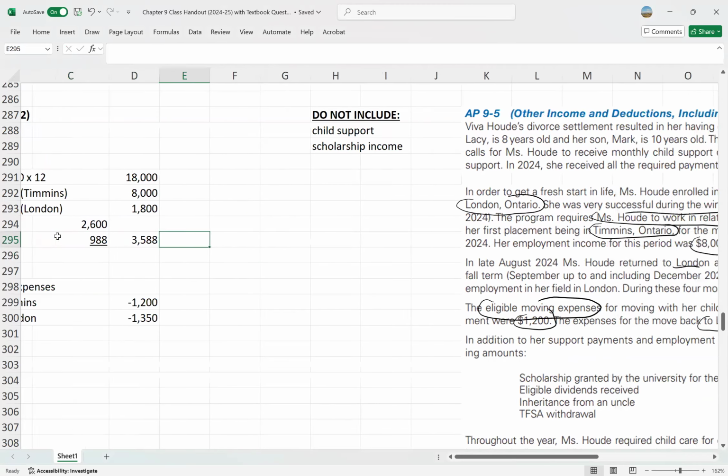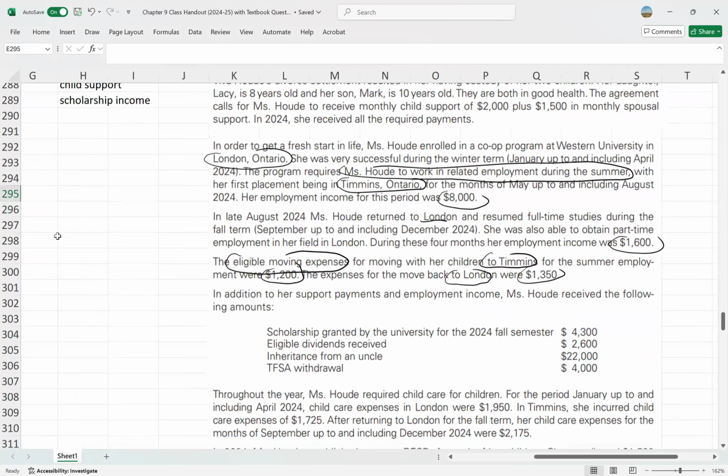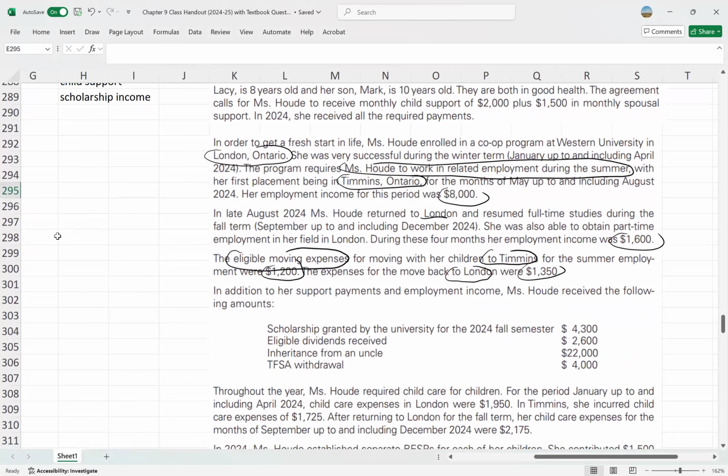And what else do we have? Inheritance from an uncle. So here in Canada, there is no inheritance tax. If you're talking to an American in the United States, they do have an inheritance tax. So just know that if you're here in Canada and you receive an inheritance, it is not taxable to you, the recipient.